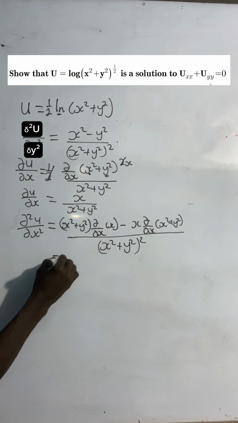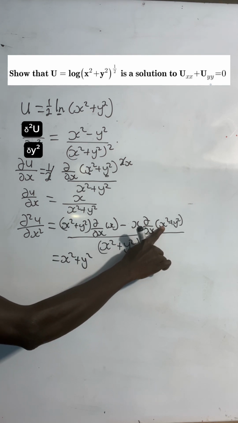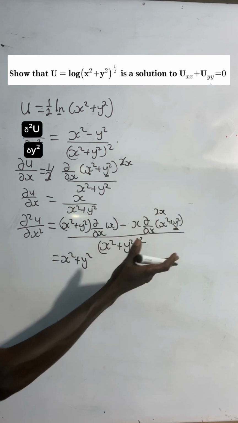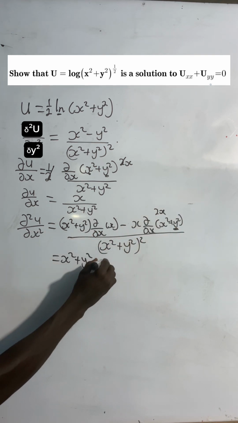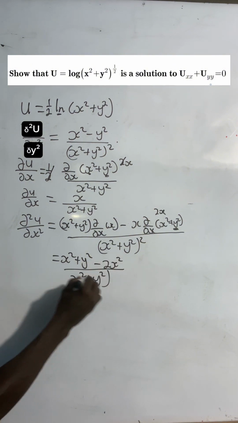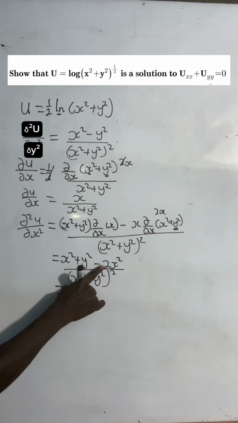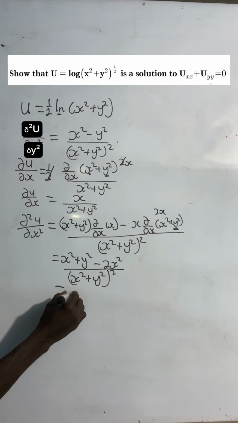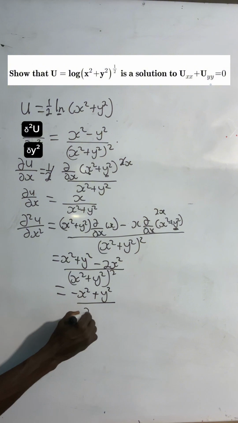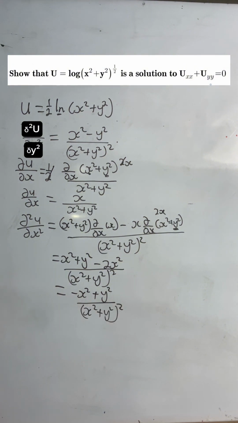Then multiply it by x squared plus y squared to get x squared plus y squared. If we differentiate x squared partially with respect to x, we get 2x. And if we differentiate y squared partially with respect to x, we get 0. Now, negative x times 2x gives negative 2x squared. This simplifies to minus x squared plus y squared all divided by x squared plus y squared all squared.